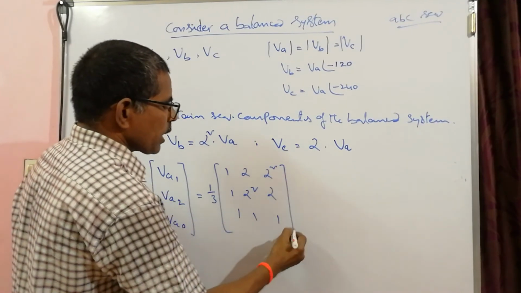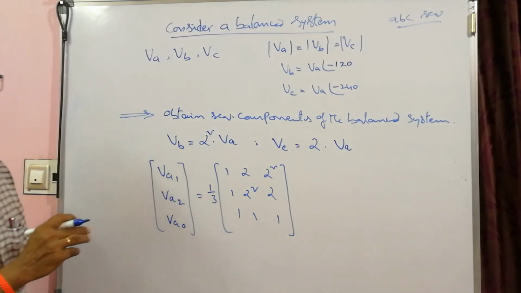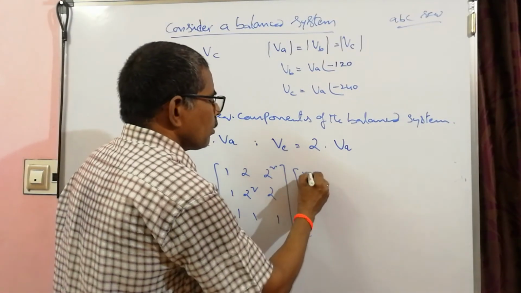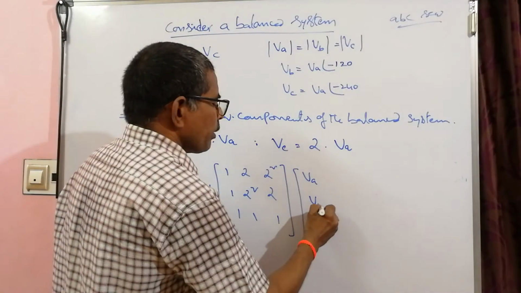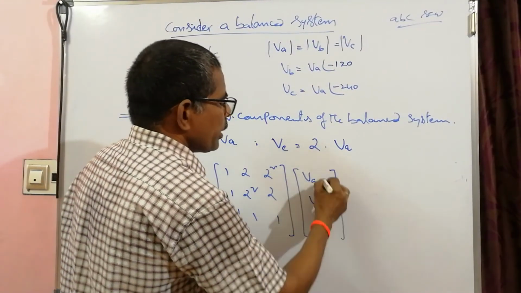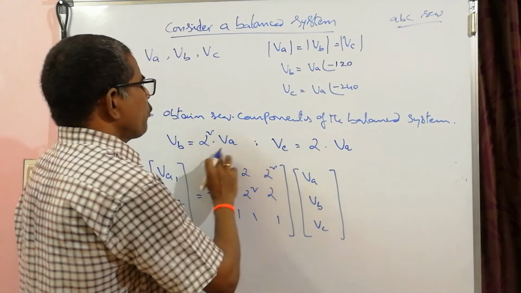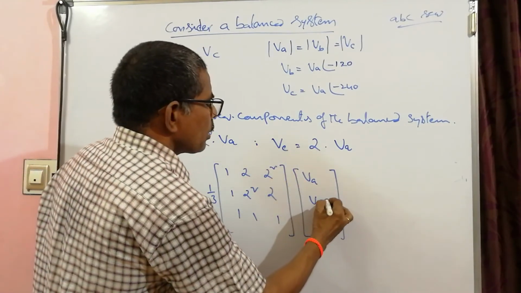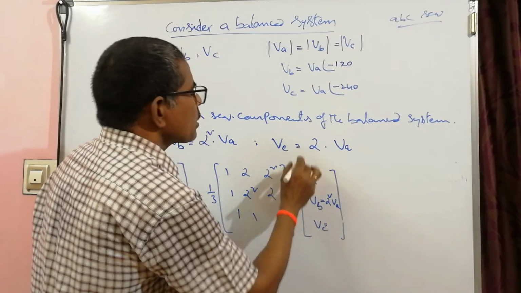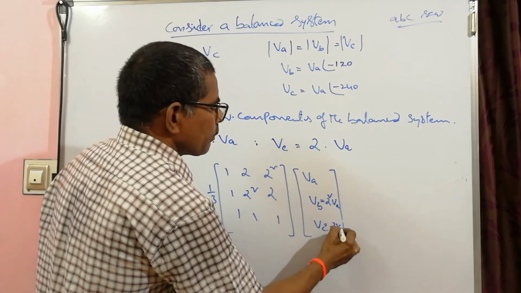This is the inverse transformation matrix multiplied into VA, VB, VC, is it not? So this VA you can leave as it is. VB I can substitute alpha square VA, and VC is alpha times VA.